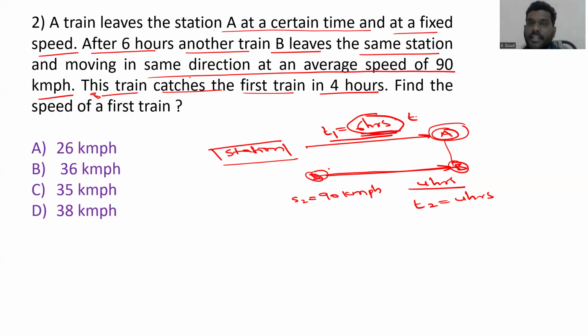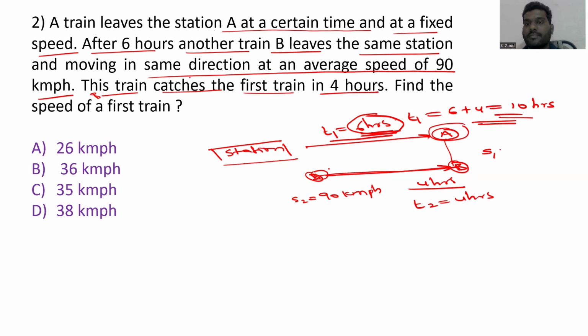That is why T1 will become 6 plus 4 equal to 10 hours. So don't take 6 hours. That is the logic in this question. T1 is not only 6 hours: 6 hours traveling alone, but along with B it traveled for 4 hours up to the meeting point. So T1 will become 6 plus 4 equal to 10 hours. Now we can write.